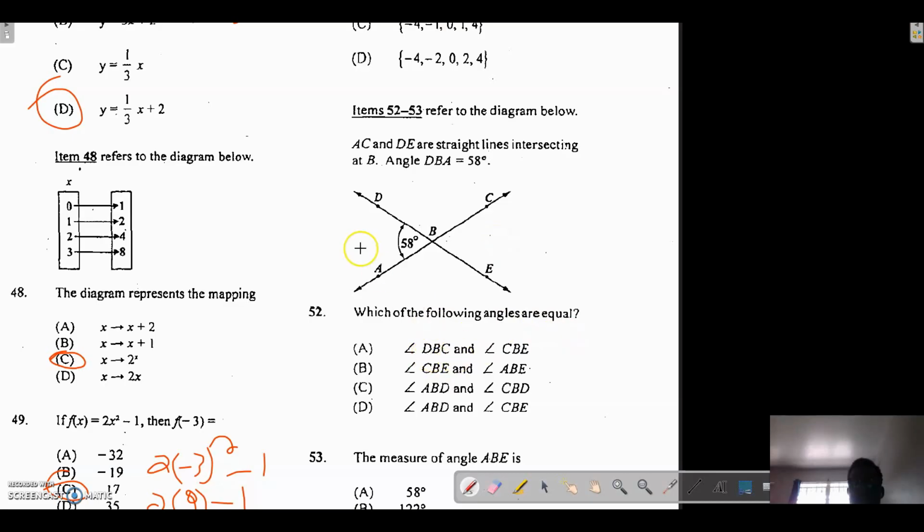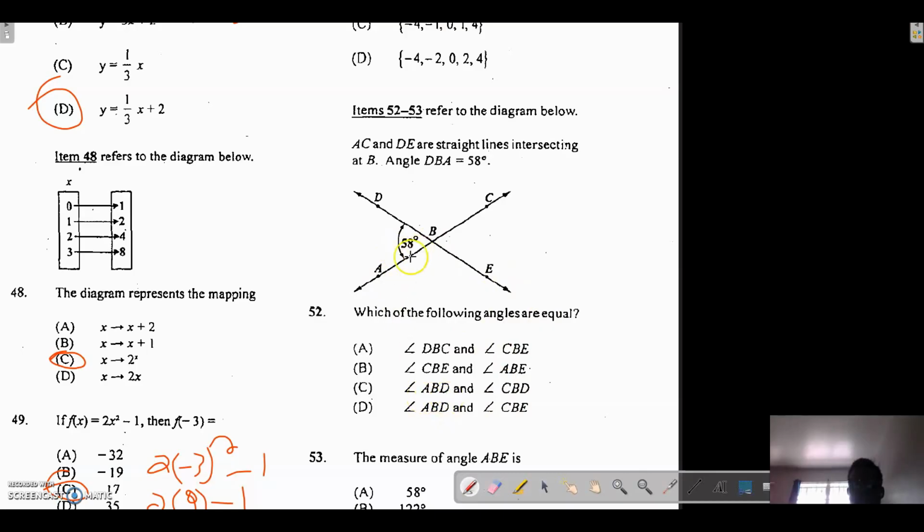So whichever of the following angles are equal. It says DBC and CBE. There's no way those two angles could be equal. CBE and ABE, those also would not be equal.